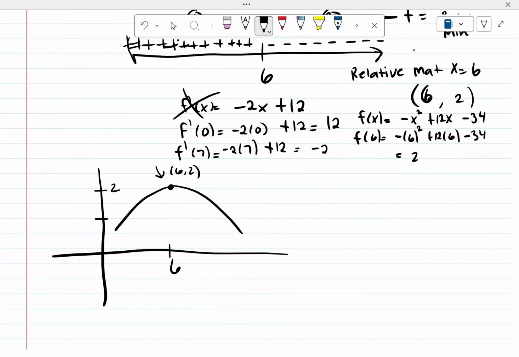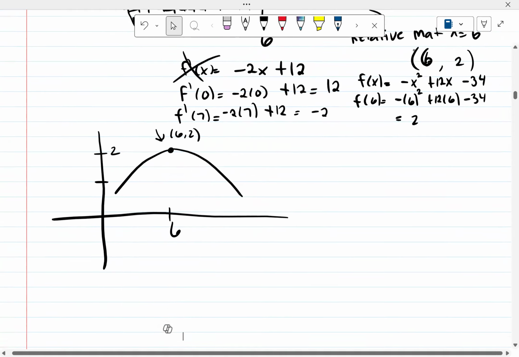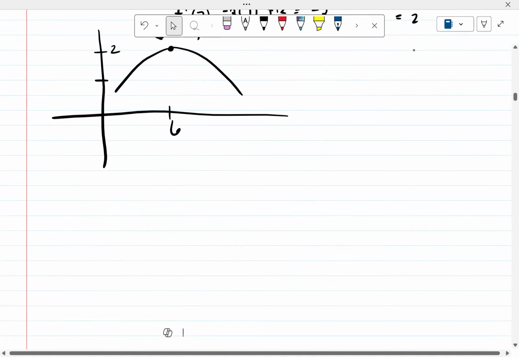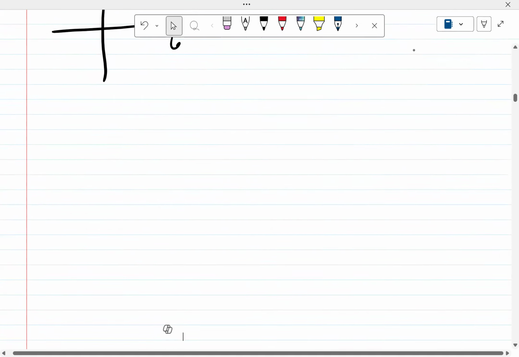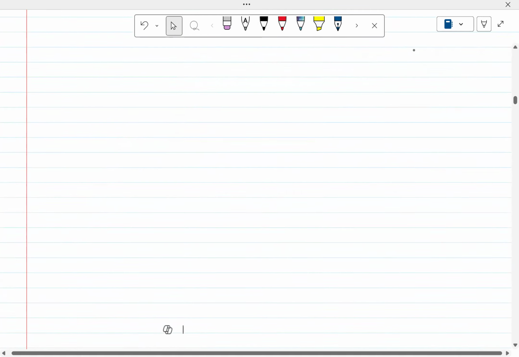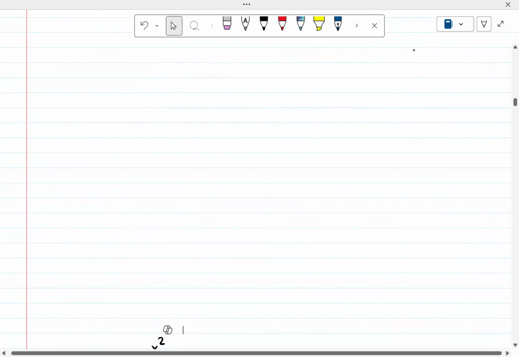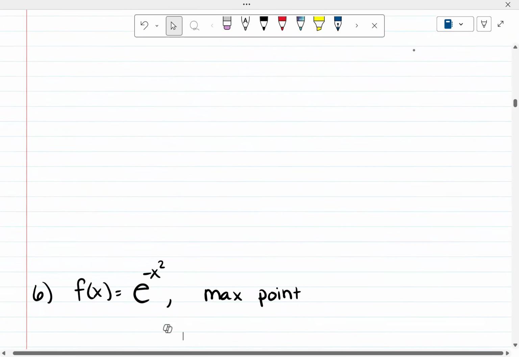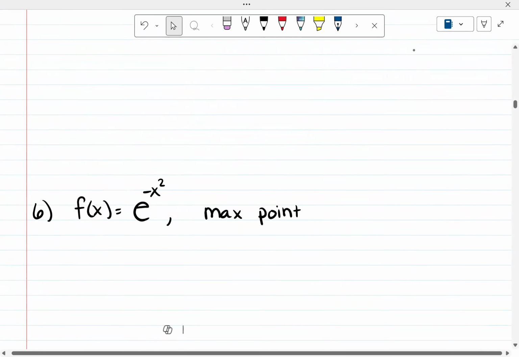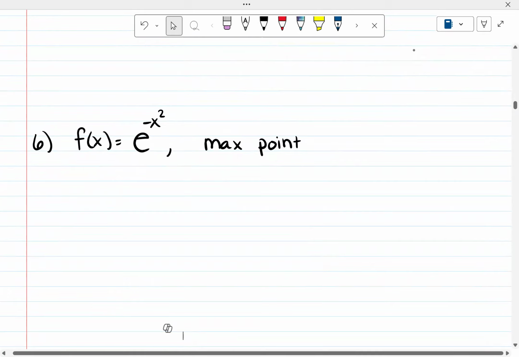Let's move on to 6. So question 6, we have f of x equals e raised to the negative x squared.